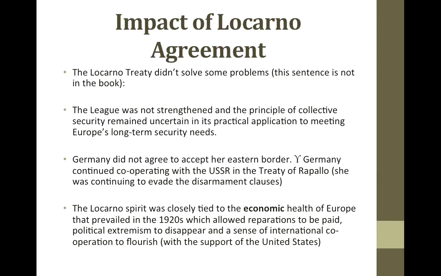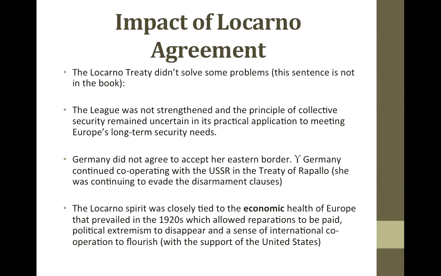So, what was the overall impact of the Locarno Agreement? Well, they really didn't solve some of the problems. All right. The League was not strengthened, and the principle of collective security remained uncertain. All right. And the fact that Germany did not agree to accept her eastern borders, they continued cooperating with the Soviet Union in the Treaty of Rapallo, and of course, this whole disarmament clause was circumvented, as we've seen before.